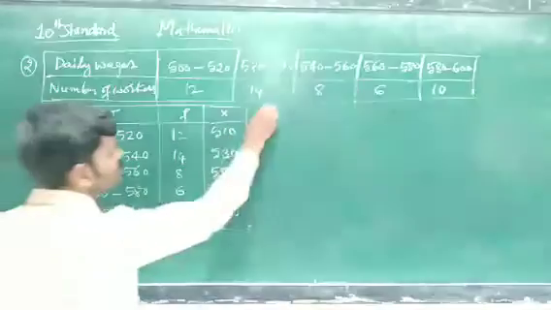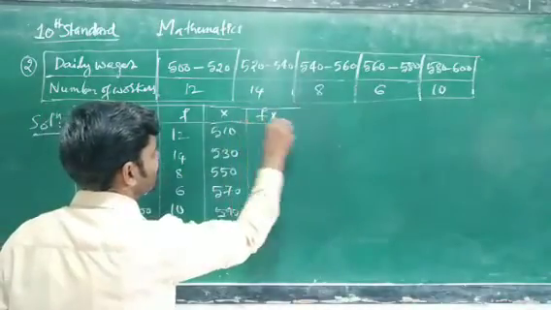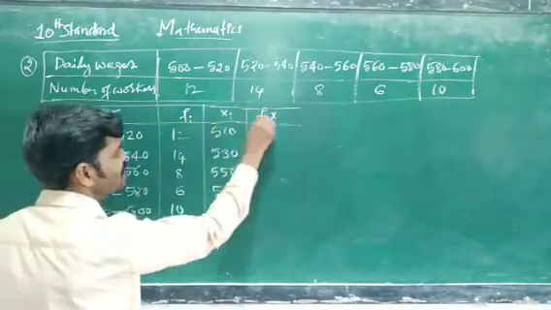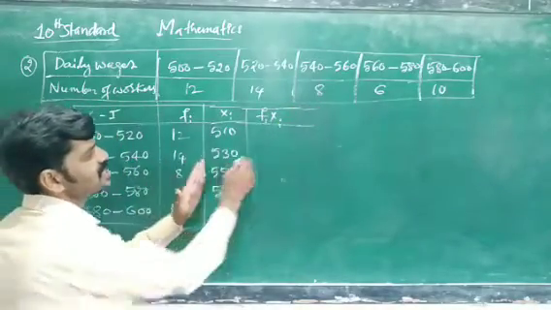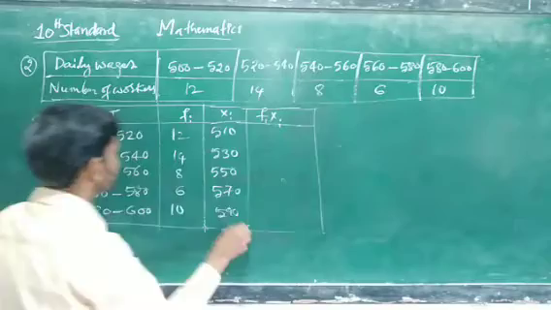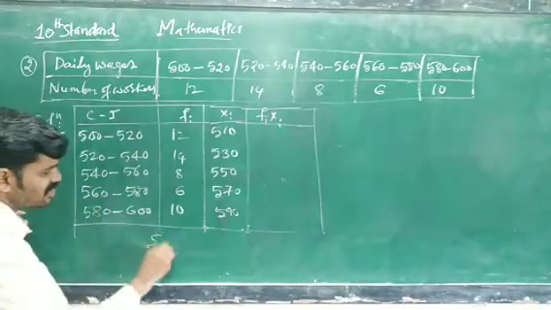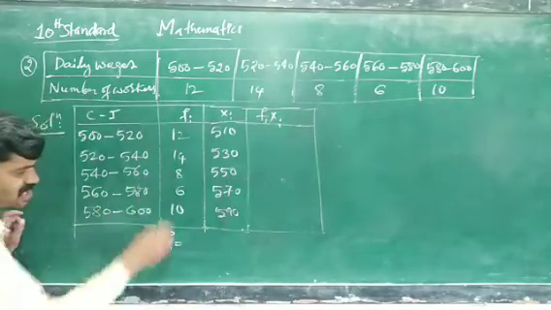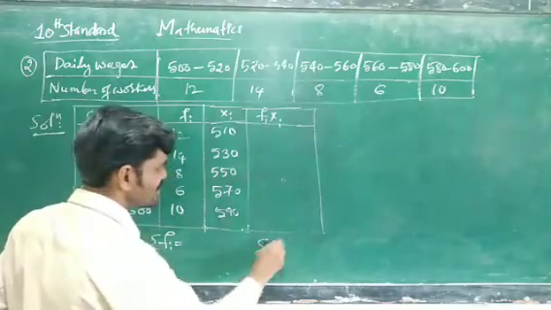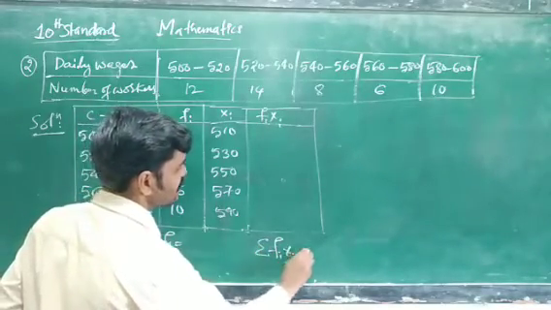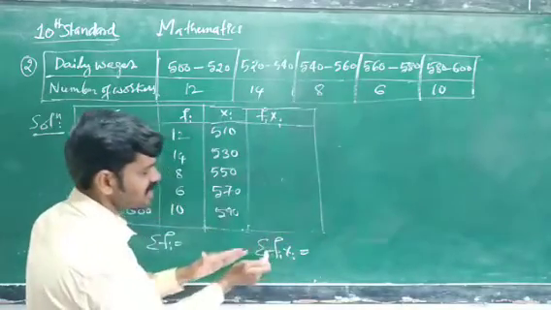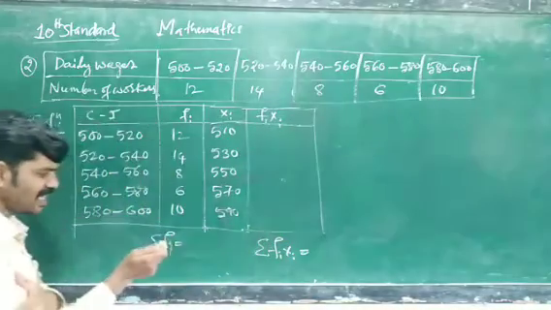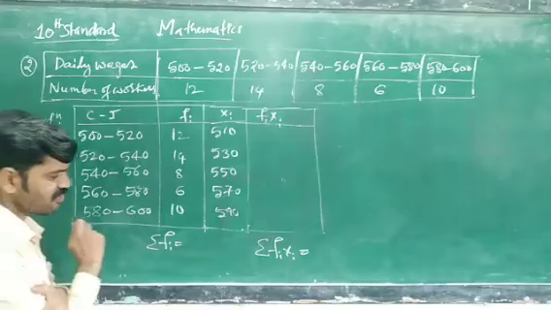Here we multiply fi and xi. Multiply this and this, and add this: summation of fi xi, and summation of fi.